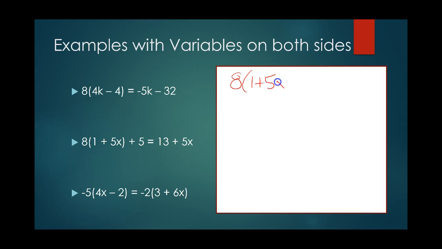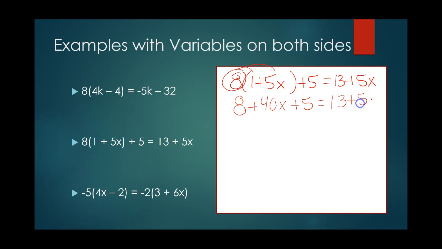All right, this second one. Okay, so let's simplify. So let's focus right here on this left side. So let's distribute. So that's 8 plus 40x, drop down the plus 5, drop down the equals, the 13 plus 5x.